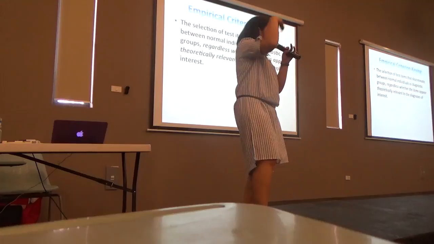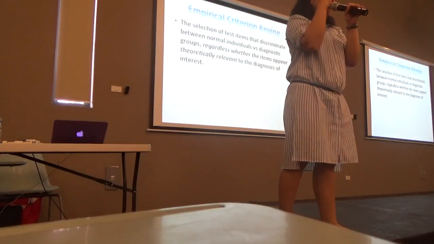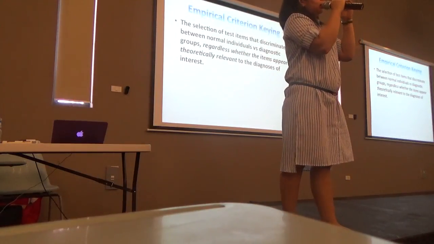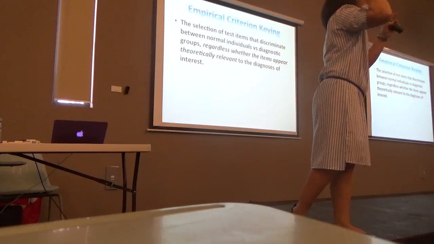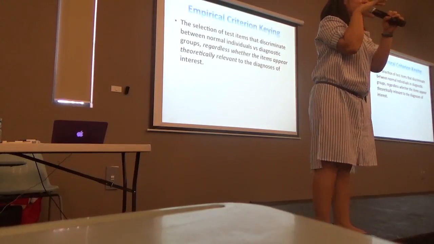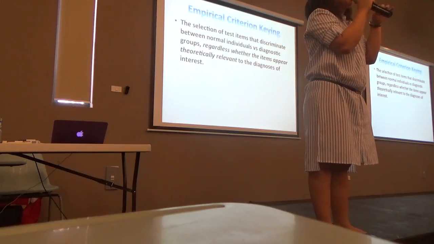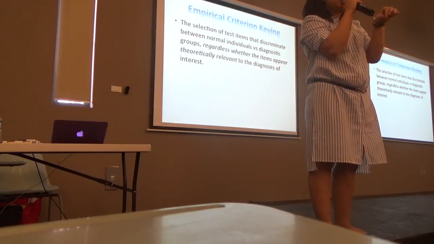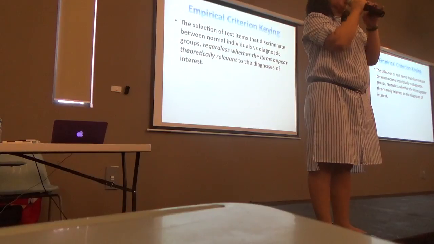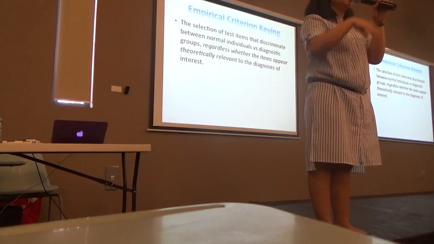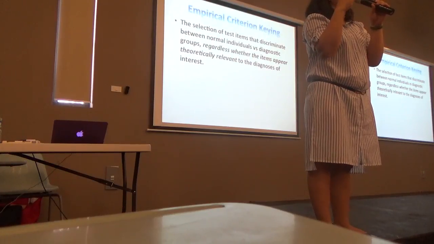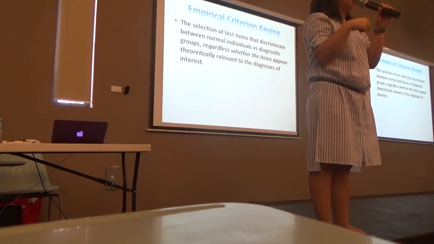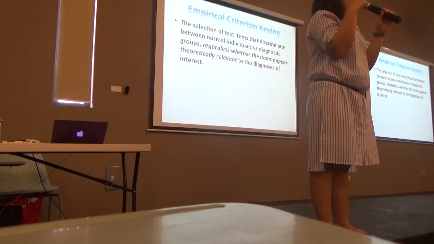Now, in empirical criterion keying, halimbawa, meron kang items. So you have 100 items. Tapos merong isang item that doesn't pertain necessarily to neuroticism. It's not a neurotic item, for example. It doesn't assess neuroticism, this particular item. But those who answer this item as true of himself, okay, let's say, I like going on a vacation.